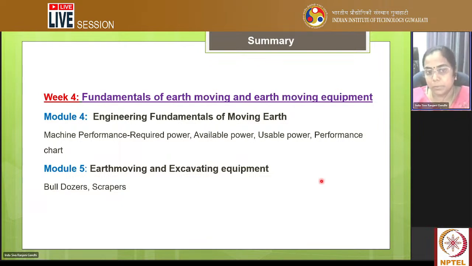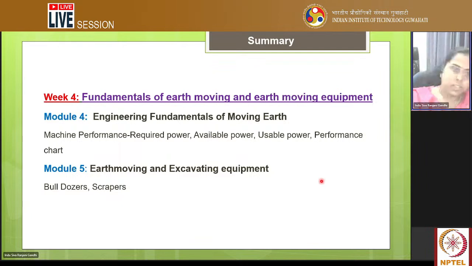What is the required power for the machine, and how to estimate that, we have discussed. I also discussed how to use a machine performance chart. For a given project condition, you can derive from the machine performance chart the speed the machine can offer you.